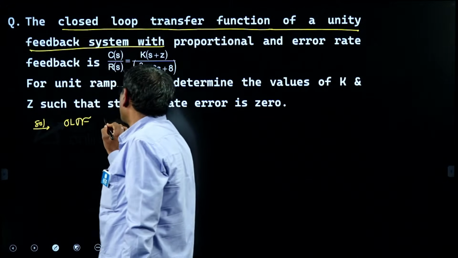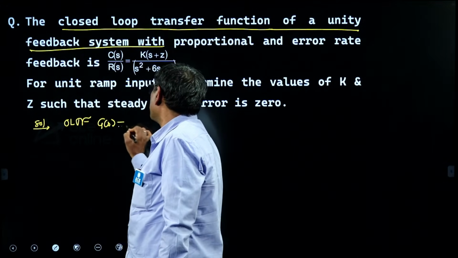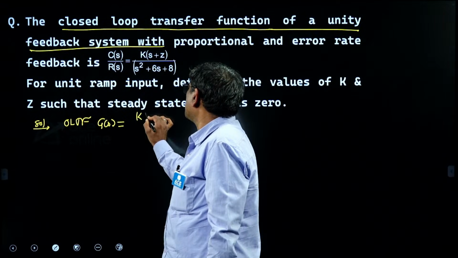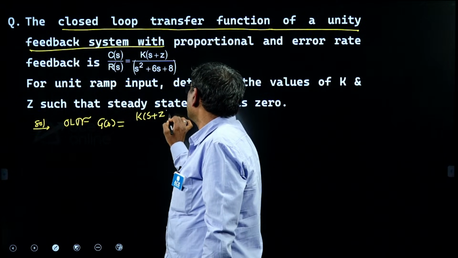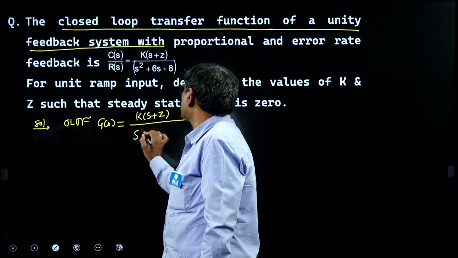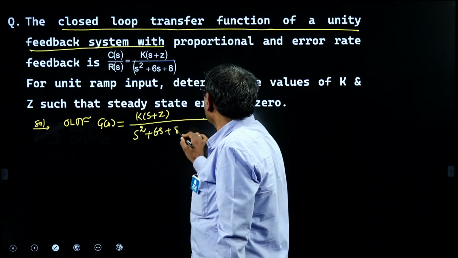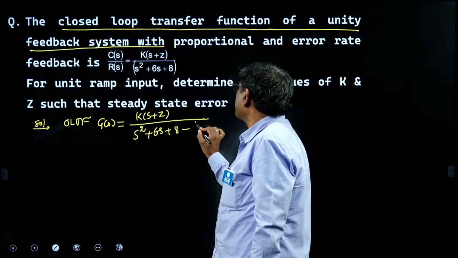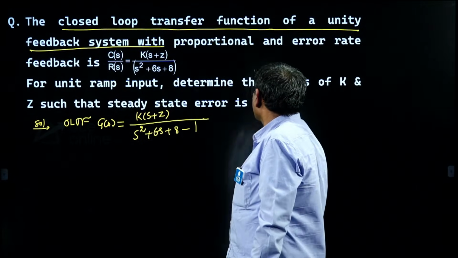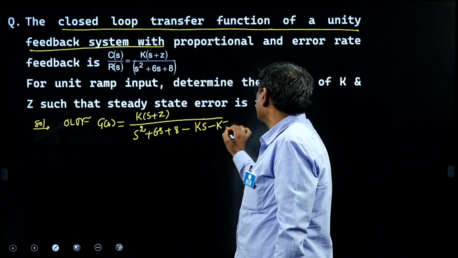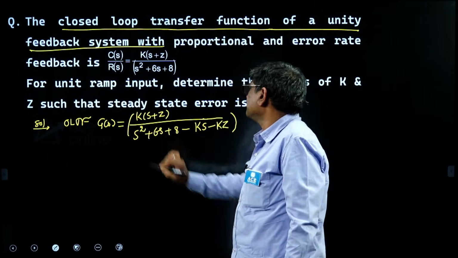Find G of S. So what are we getting, tell? K into S plus Z divided by S square plus 6S plus 8. Again subtract the numerator from the denominator. So Ks minus Kz. Just subtract it.